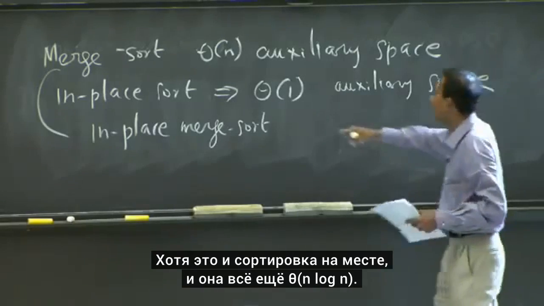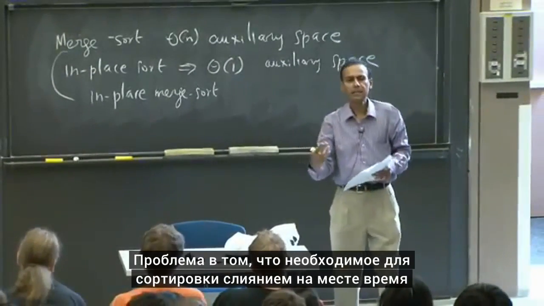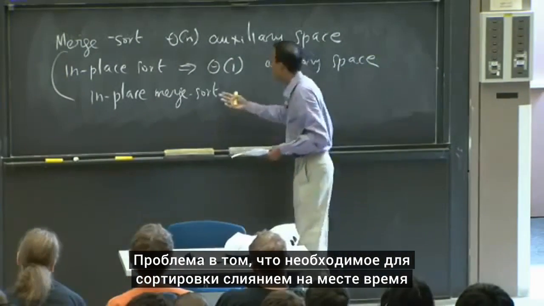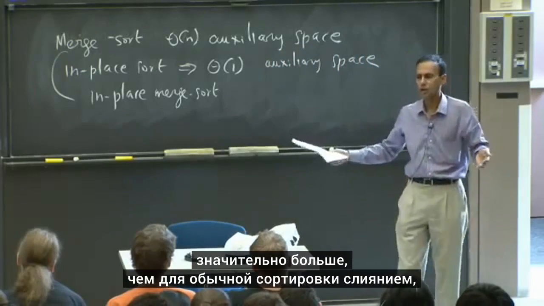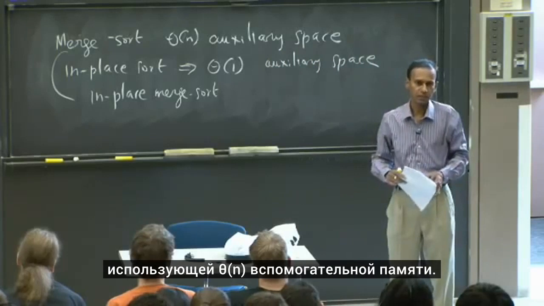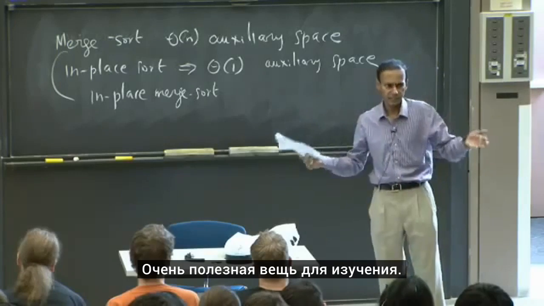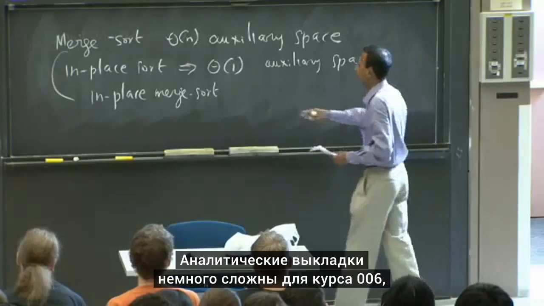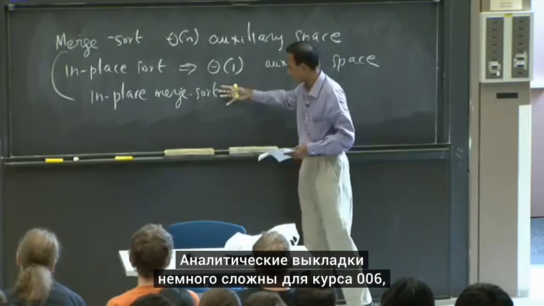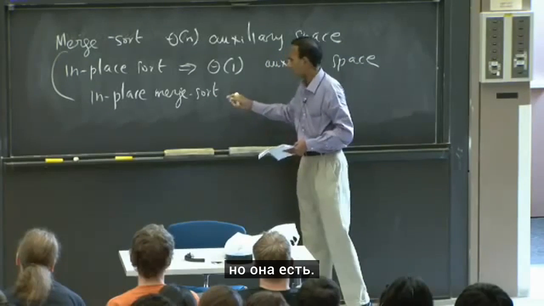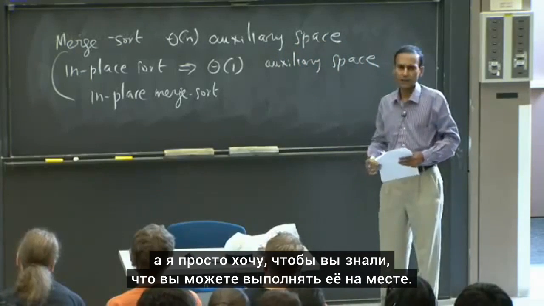So while it's in place and it's still Θ(n log n), the problem is that the running time of an in-place merge sort is much worse than the regular merge sort that uses Θ(n) auxiliary space. So people don't really use in-place merge sort. It's a great paper. It's a great thing to read. Its analysis is a bit sophisticated for 006, so we won't go there. But it does exist. So I just want to let you know that you can do things in place.